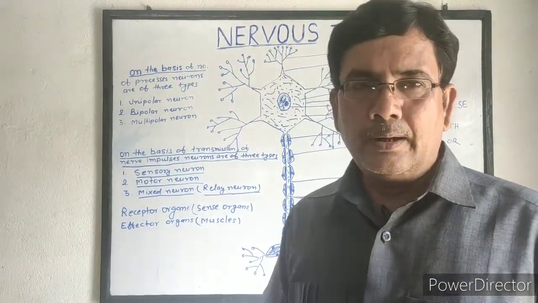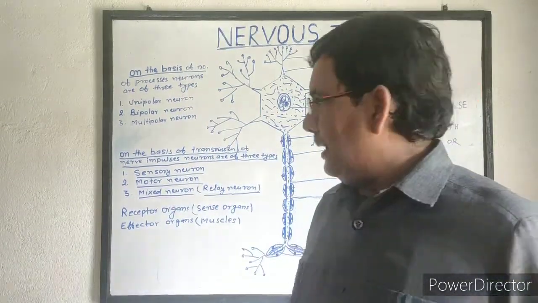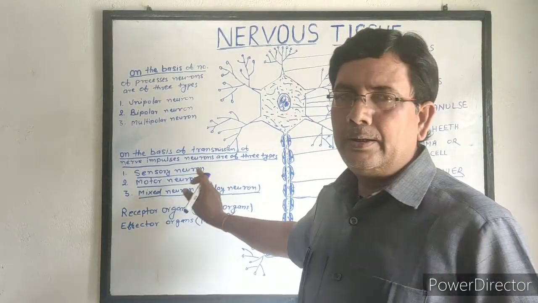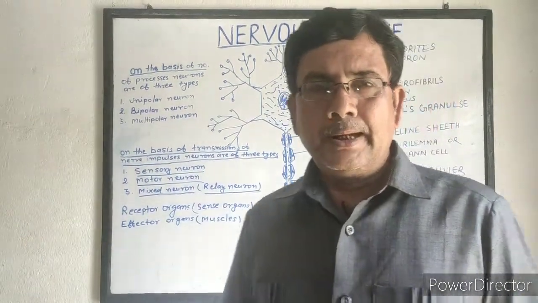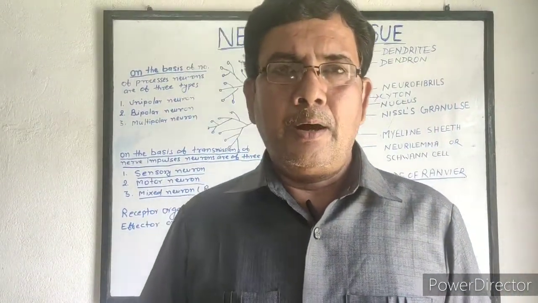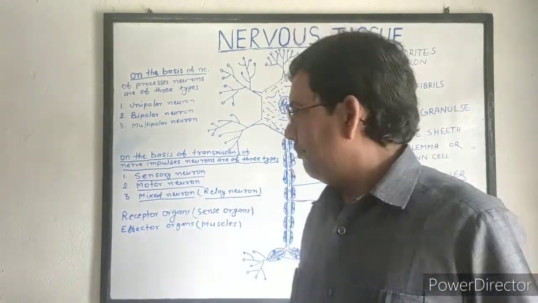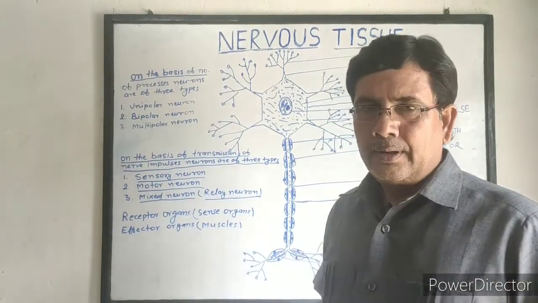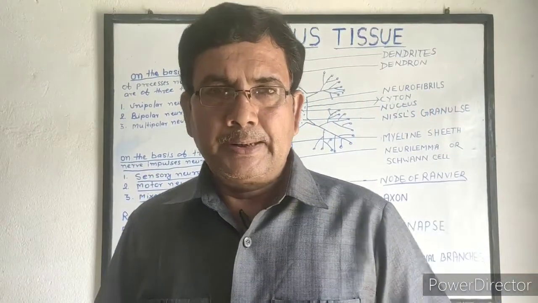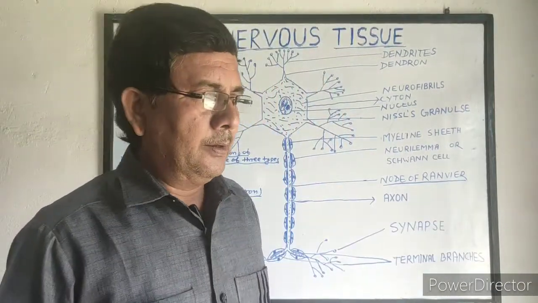And the mixed neuron or relay neuron is the link between the sensory neuron and the motor neuron. So they are present inside the brain or the spinal cord to make a connection between the sensory neuron and the motor neuron.